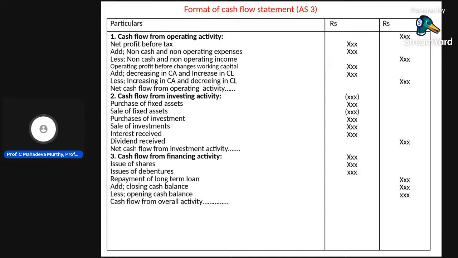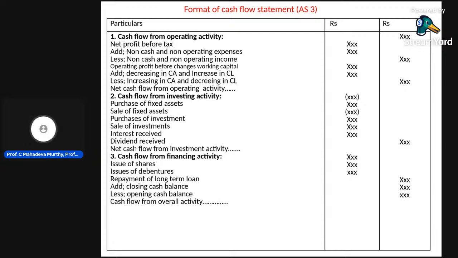Cash flow from operating activity, the amount in the outer column. Net profit before tax, inner column. Add non-cash and non-operating expenses, less non-cash and non-operating incomes. That gives operating profit before changes in working capital.